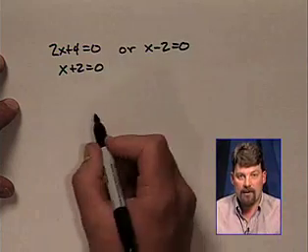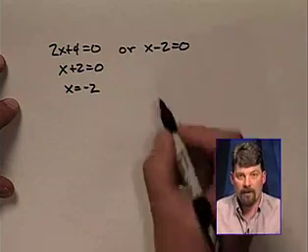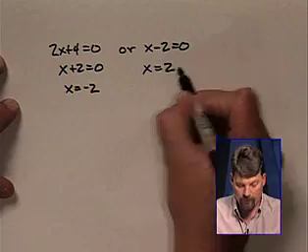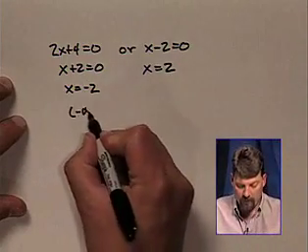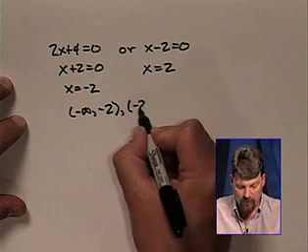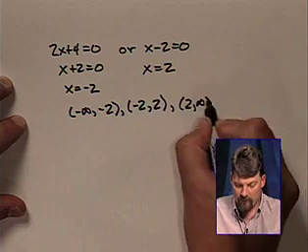And then if I subtract 2 from both sides, I get x equal negative 2. On this side, I need to add 2 to both sides, so that gives me x equal 2. So now the intervals I need to check are the interval from negative infinity to negative 2, the interval from negative 2 to 2, and the interval from 2 to infinity.